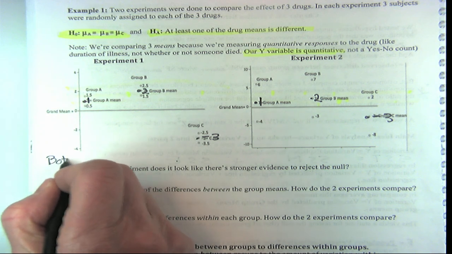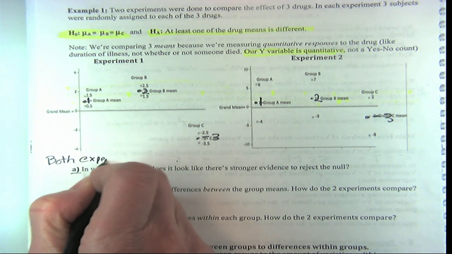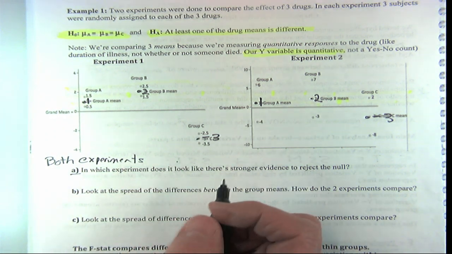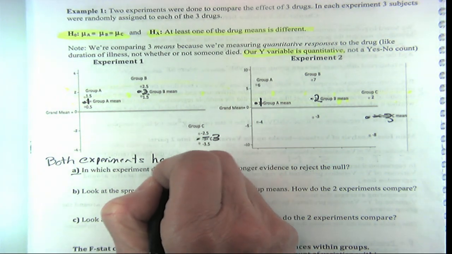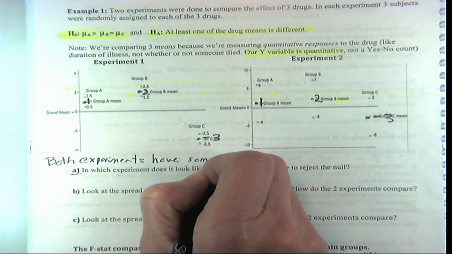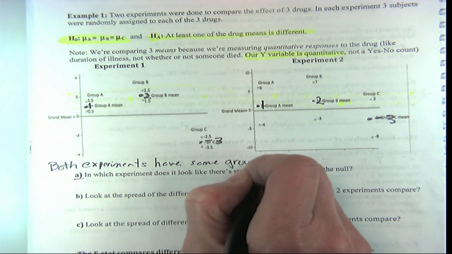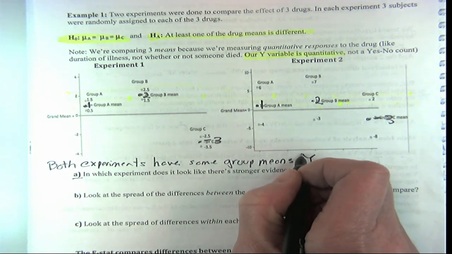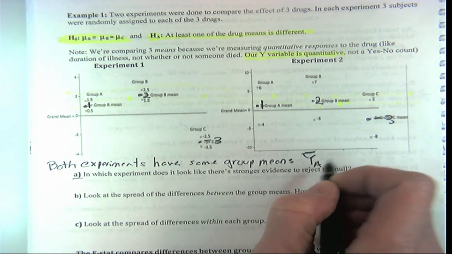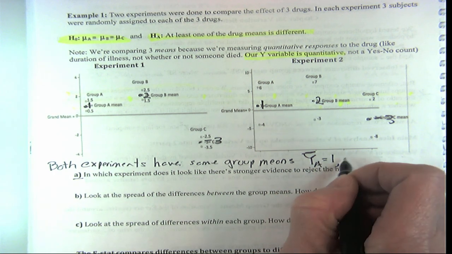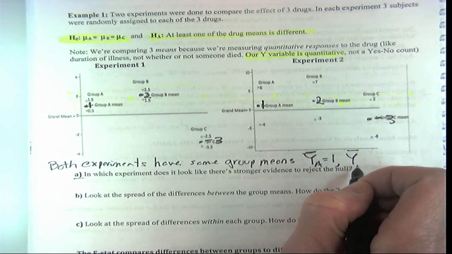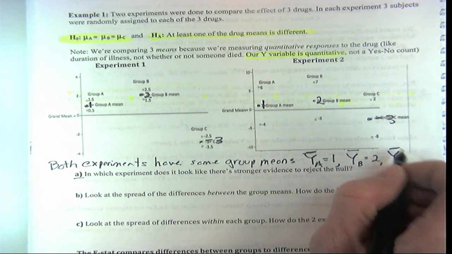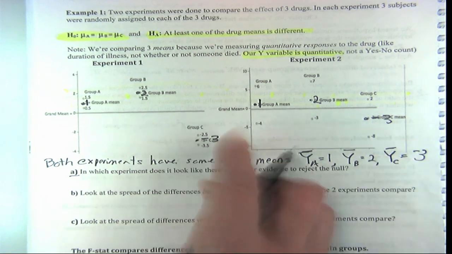In both experiments, we have the same group means. So the mean, I'll call it y mean for A, is equal to 1 in both experiments. The mean of the y's for group B is equal to 2, and the mean of the y's for group C is equal to -3 in both of them.